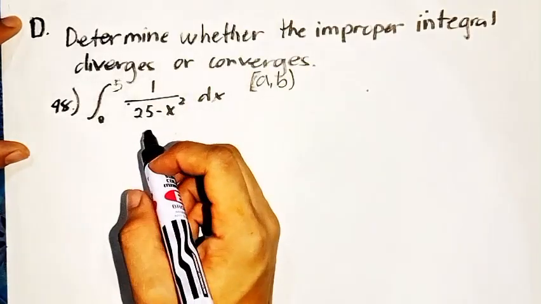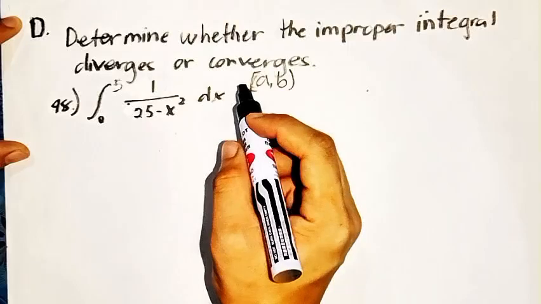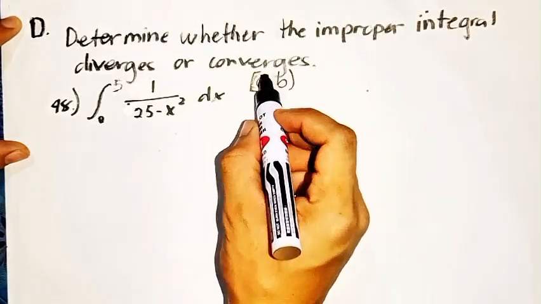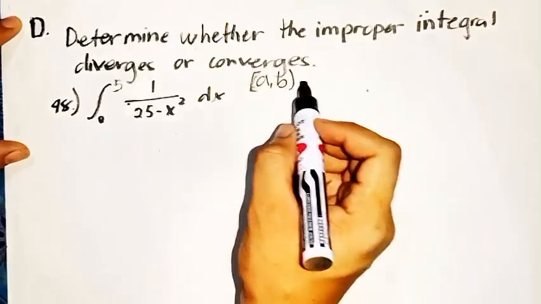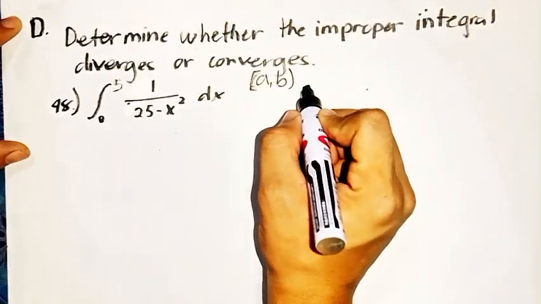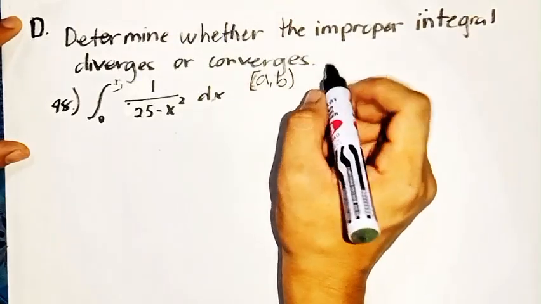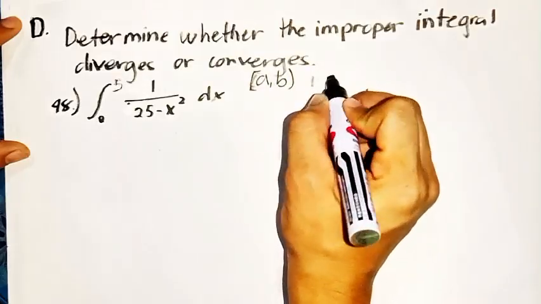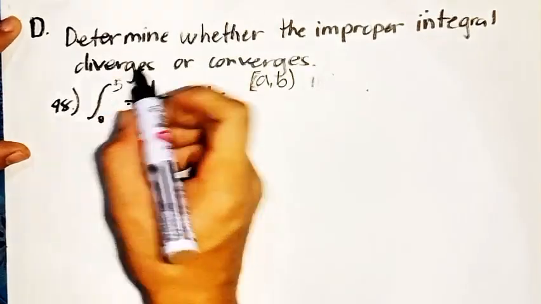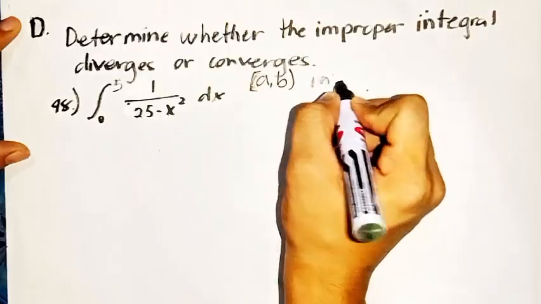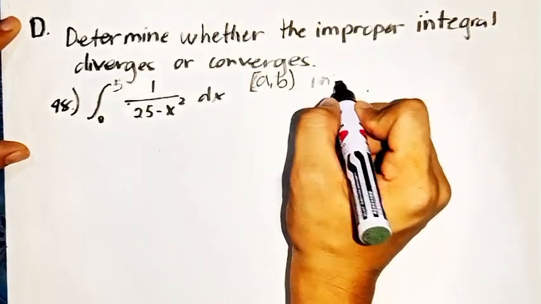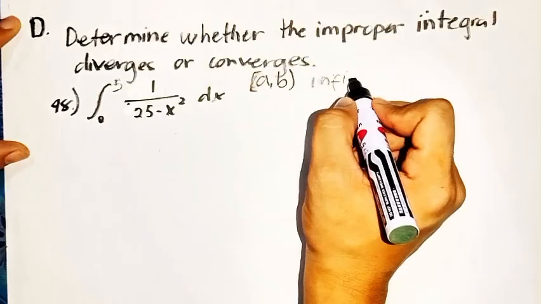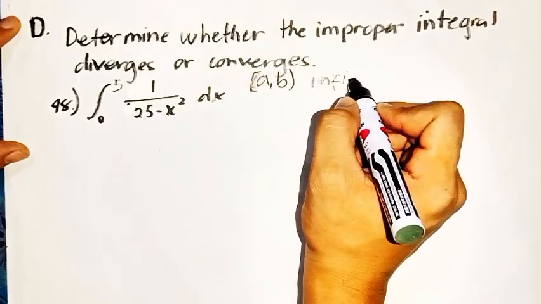So, if a function is continuous on the interval a to b and has an infinite discontinuity at b, which is 5, since 5 will make our function undefined, it means it has an infinite discontinuity at b, at 5.